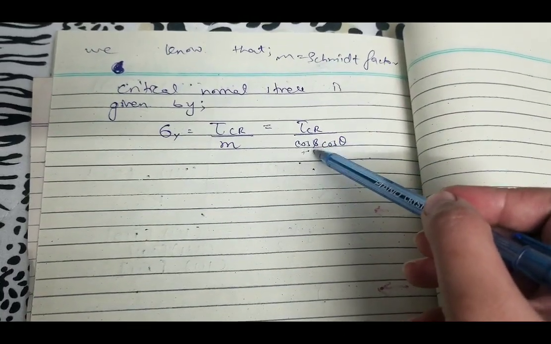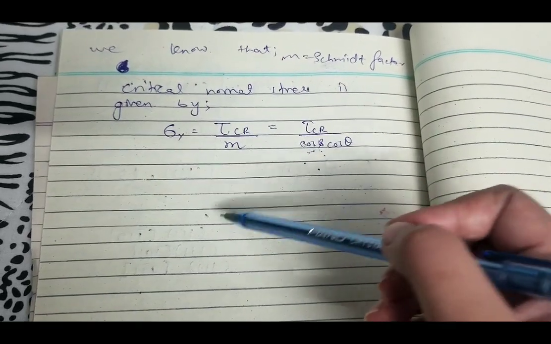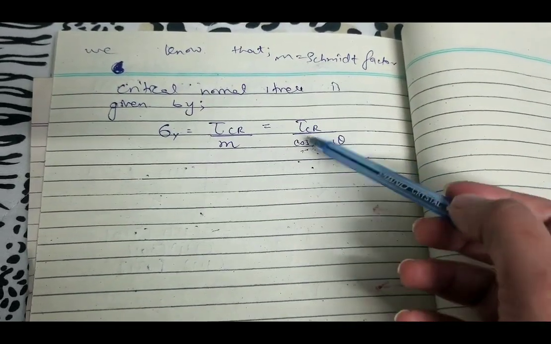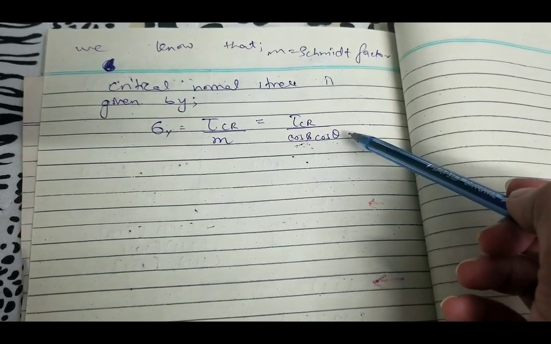Now cos phi is constant for a given slip plane and applied force. It will be different for different planes, and cos theta is different for all of these different slip directions.